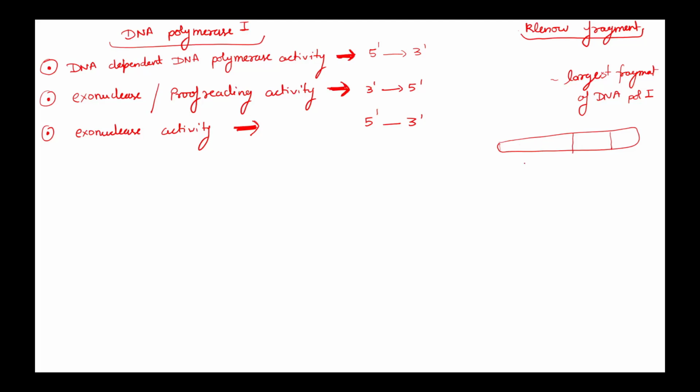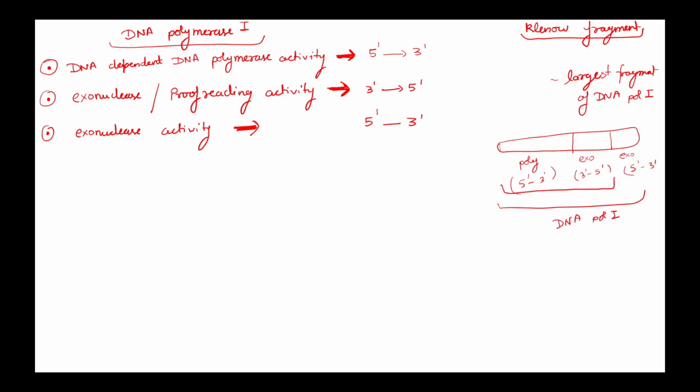This section contains the polymerase activity. This section contains the exonuclease activity of 3 prime to 5 prime. And this contains the exonuclease activity of 5 prime to 3 prime. Okay. So this entire thing is DNA pol 1.